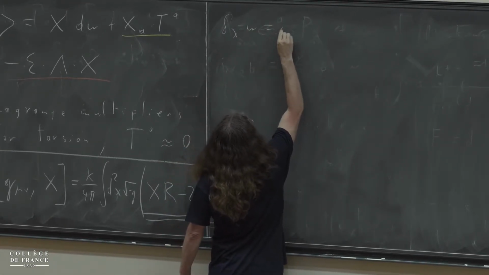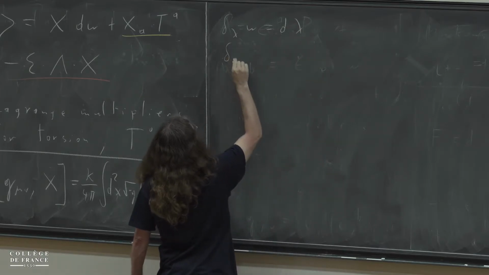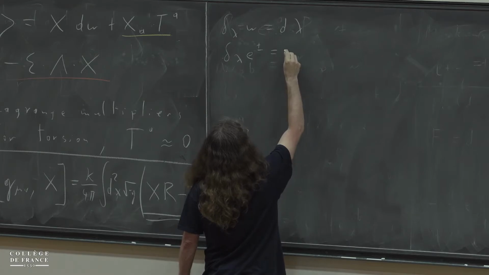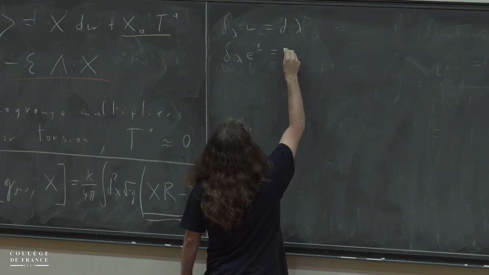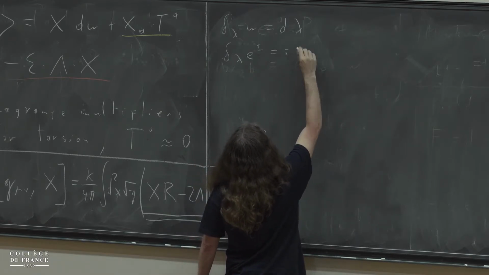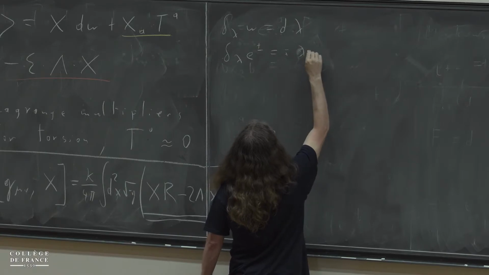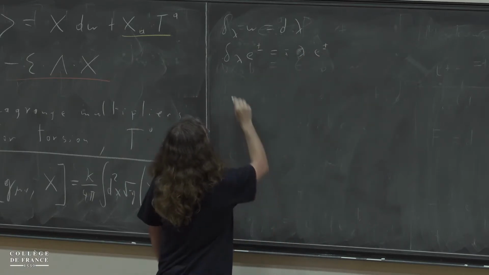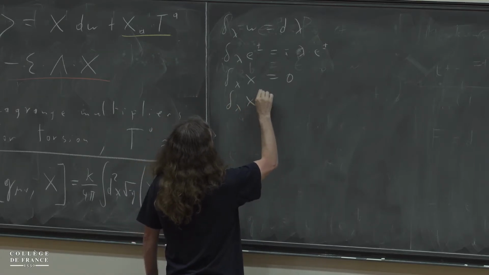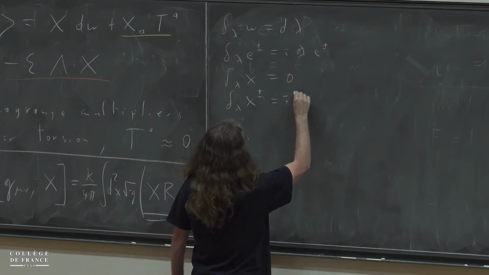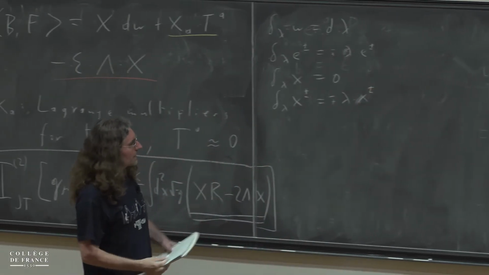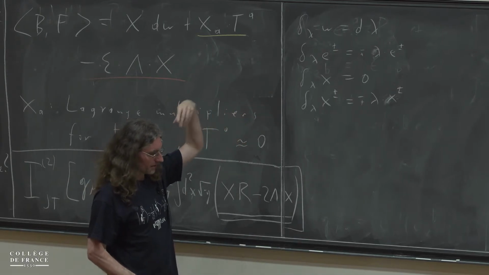Delta lambda of omega is just d lambda, and delta lambda of E plus minus is, I guess, minus plus some factor lambda times E plus minus, something like that. And it acts trivially on the scalar field X, and it acts in the same way on these Lagrange multipliers for torsion. So one of the gauge symmetries generates Lorentz boosts.